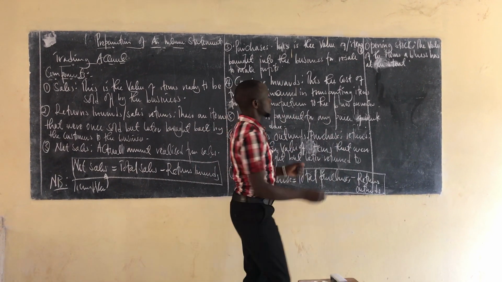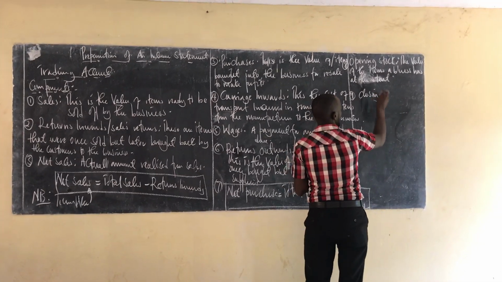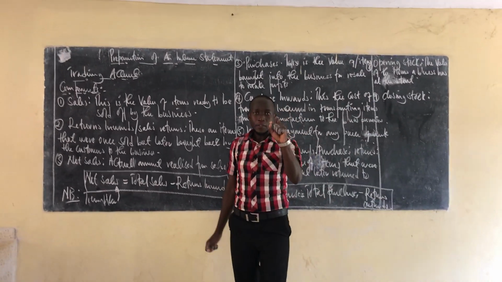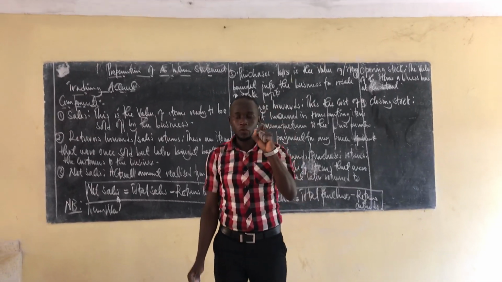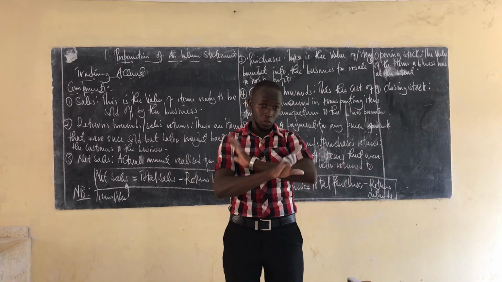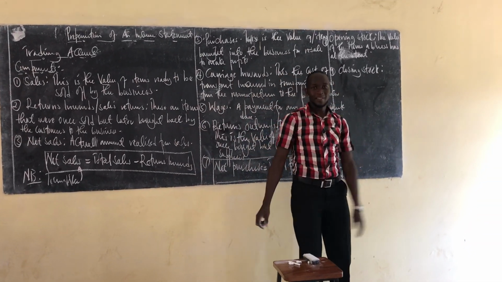The other one is closing stock, the 9th component. The value of the items that remain unsold in business is what we refer to as closing stock.